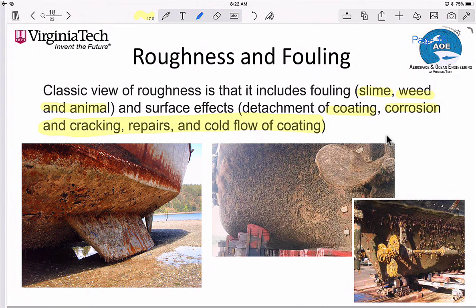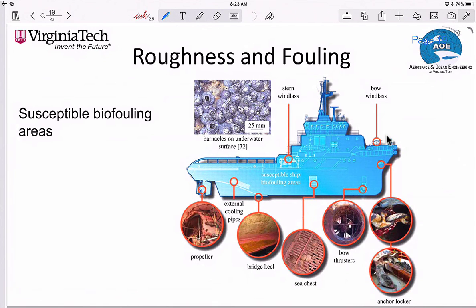All of these things can affect the resistance, especially over the life of the ship. These are usually things that happen over time. So when you do the sea trials, when the ship is built, you'll have very different resistance than you would maybe several years later.